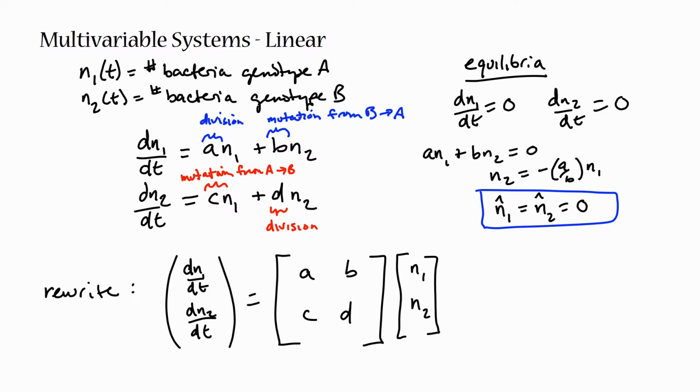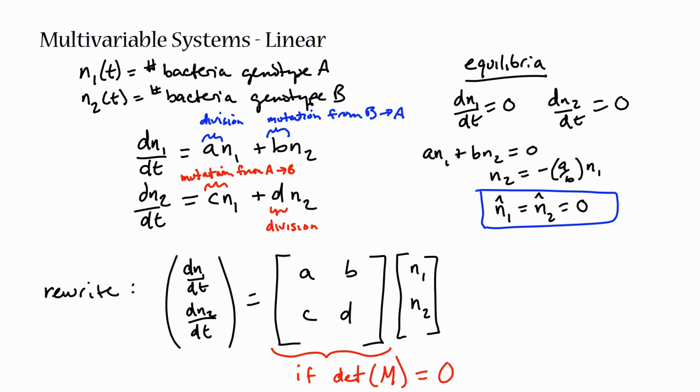And actually, I almost lied to you. So usually the only equilibrium point is 0, 0 in a linear system, unless the determinant of this matrix, if the determinant, let's call it m, is equal to 0, then you have an infinite number of equilibria. But that's fancy.